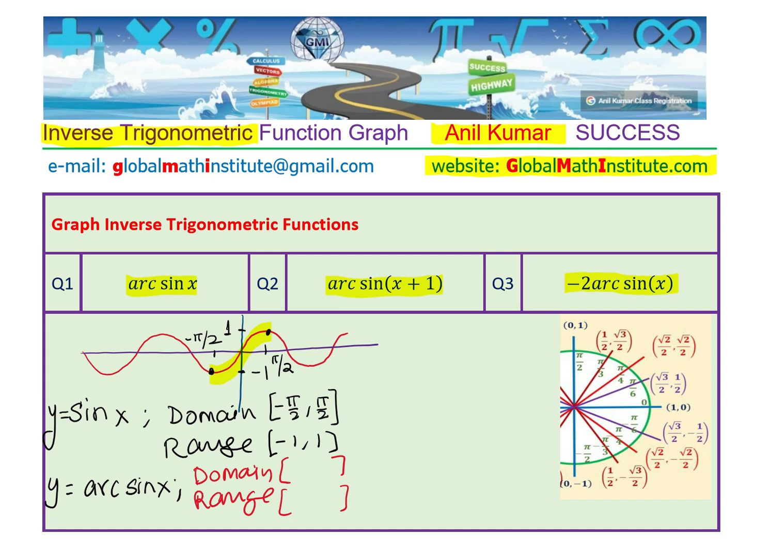So the range of sine x will become the domain, which is from minus 1 to 1. And the range will be what was the domain of sine x, which is from minus pi by 2 to pi by 2. Is that clear to you? So those are the domain and range for the function. And the inverse will also be always increasing, since you see that the function is increasing.